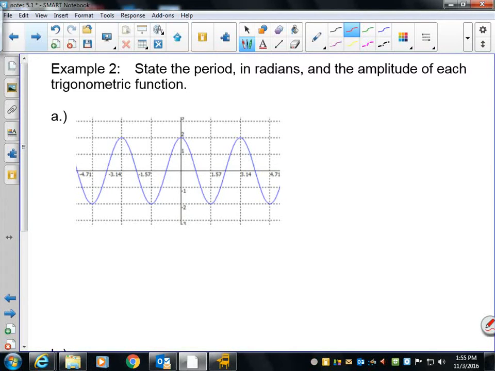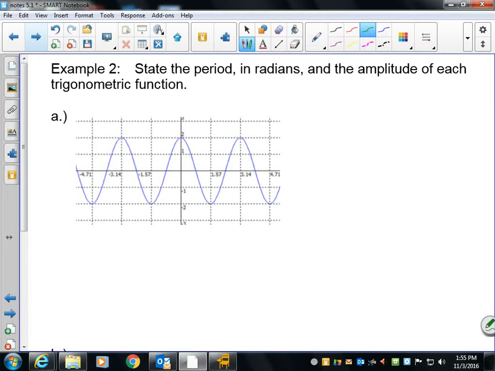Now I'm going to also ask you to read the graph and state stuff out of it. So, what's the period? What did I say? It's where it starts repeating itself again, right?